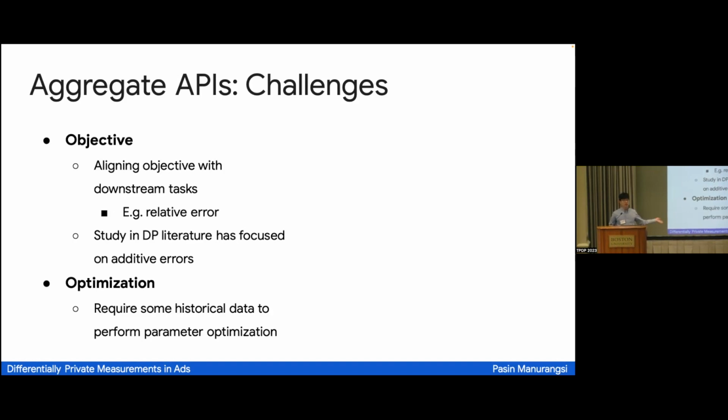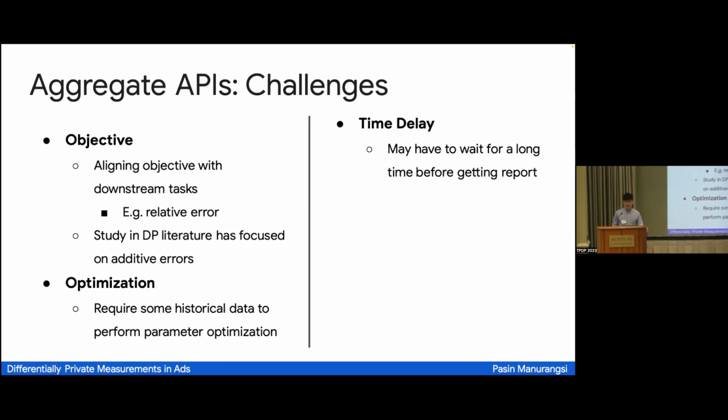Similarly, to optimize the budget, sometimes you need historical data to understand how to scale the different budgets according to the different queries. And that can also be challenging if you are running your first campaign, for example, you wouldn't have this historical data. There are also time delays. You can get a report very often, but if you get a report too often, then it would be too noisy because you have to add noise for every single report.